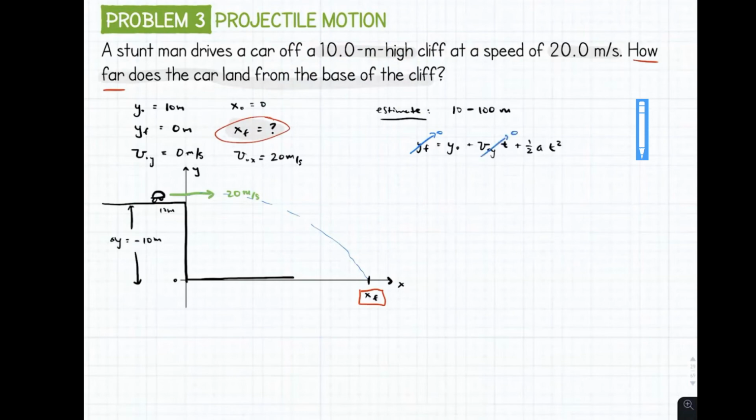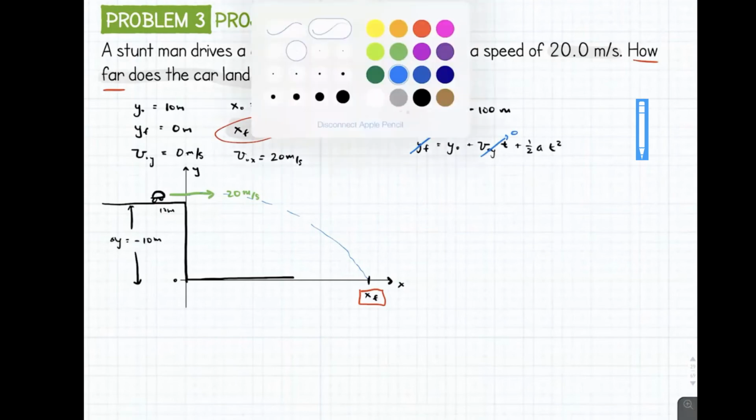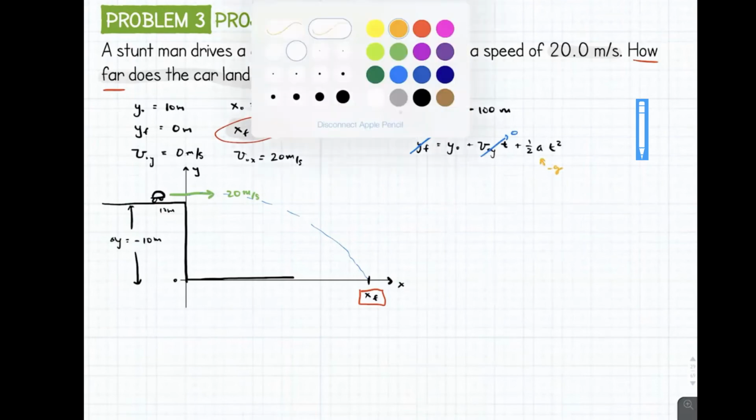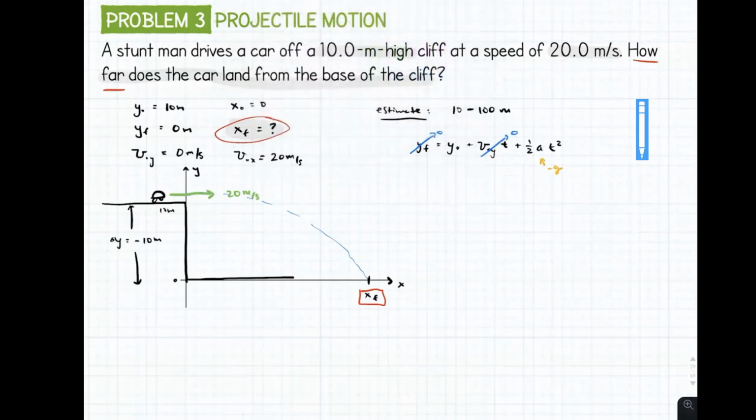This equation has nothing to do with the x direction, so anything you have for the x direction, wait till the next equation, okay? We also know that we can rewrite a as negative g. So we'll rewrite this whole thing, and this is going to end up being 0 is equal to y initial minus 1/2 g t squared.